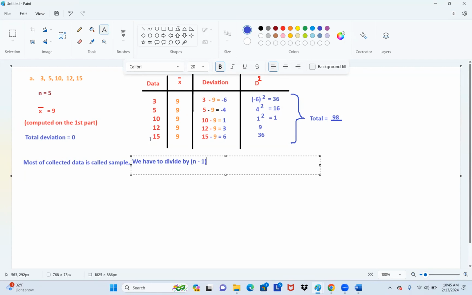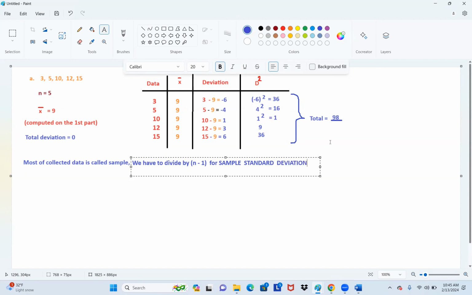So in order to make it a little similar to the population, we have to divide it by n-1 for a sample standard deviation. Okay. So we have 5 data points, so n-1 is 4. So we have to divide it by 4.